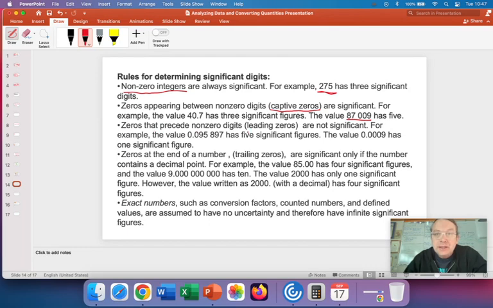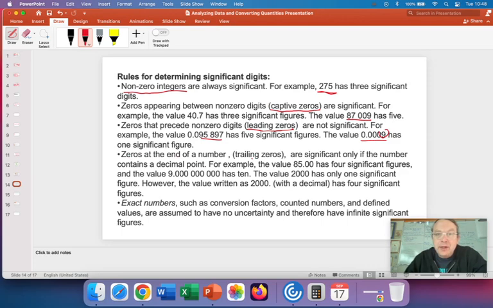Zeros preceding non-zero digits are leading zeros, and they're not significant. These are mostly just acting as placeholders for a decimal point. So we say these 2 zeros here in front of all of these non-zeros are not significant. So this value has 5, while this value here has 1 significant figure.